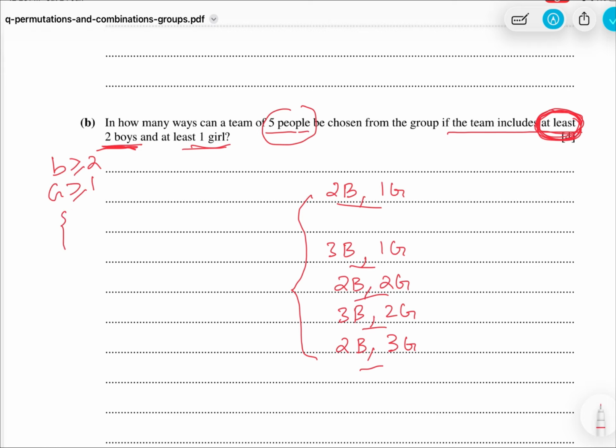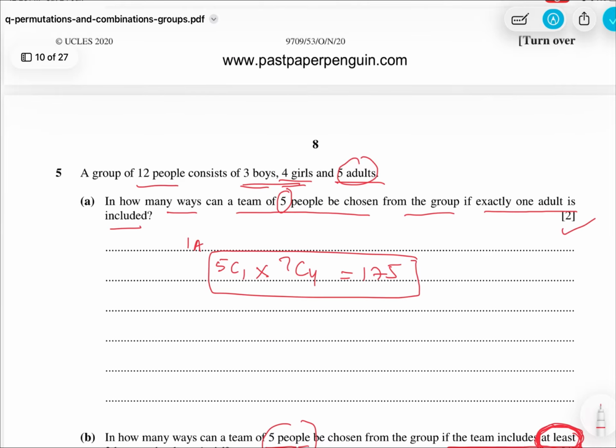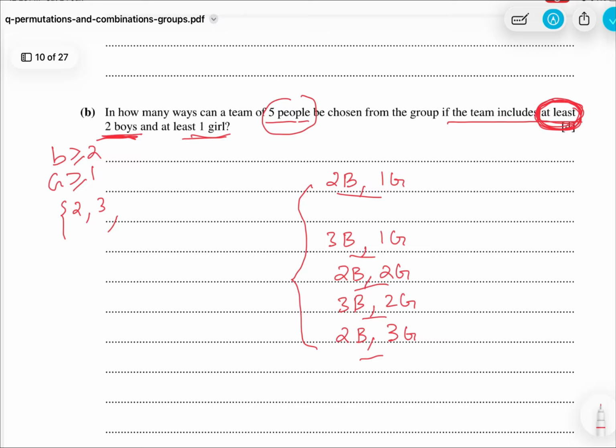Make their set. Boys could be 2, 3, since 3 boys are there. Now, girls could be 1, 2, 3, 4, and 5. Make a set like this. Trust me. Now what we can do is start from here and link it.